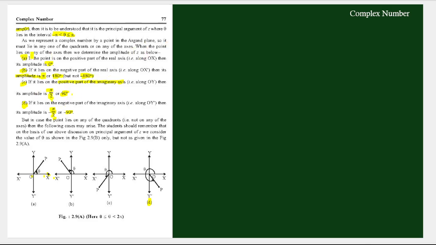When the point lies on any of the axes, then the amplitude will be using this value. This one also you have to note down on your copy.